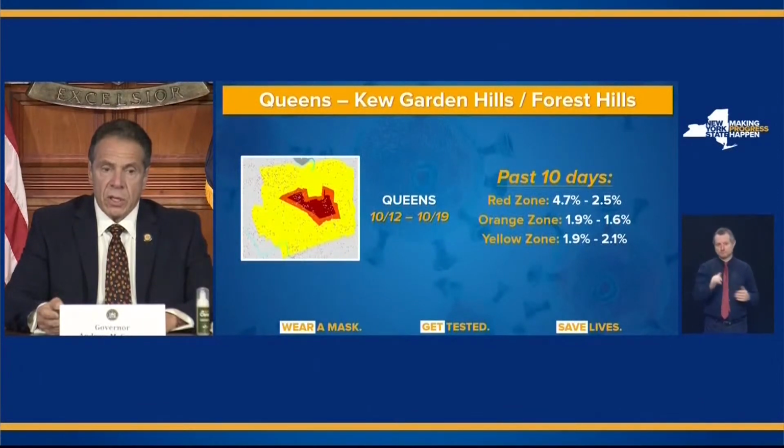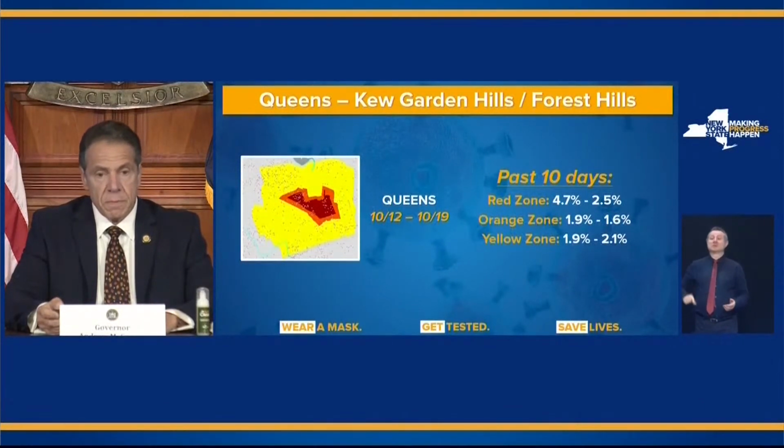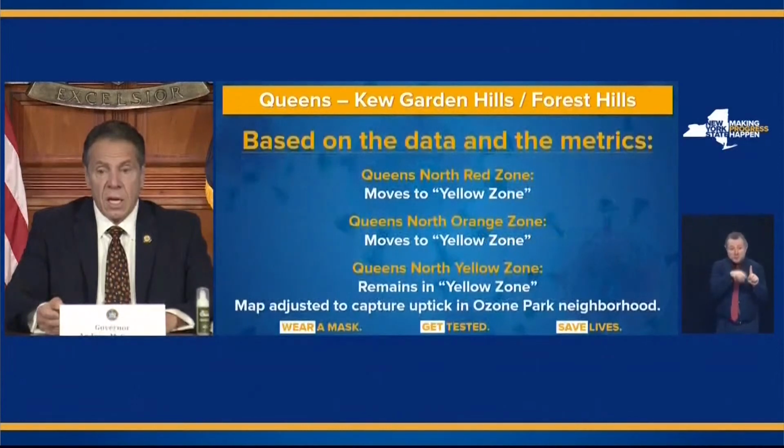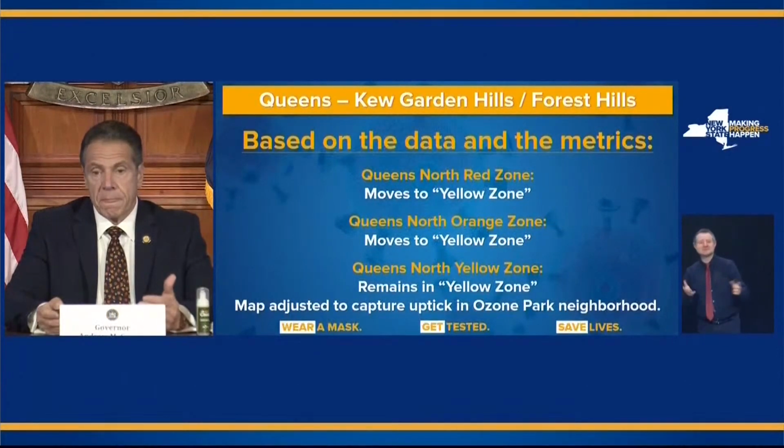Queens, in Kew Gardens, there are 2 areas in Queens. Overall, the red zone went from 4.7 to 2.5, great. Orange, 1.9 to 1.6, yellow, 1.9 to 2.1. In Queens, the red zone goes to yellow, the orange goes to yellow, the yellow stays yellow.